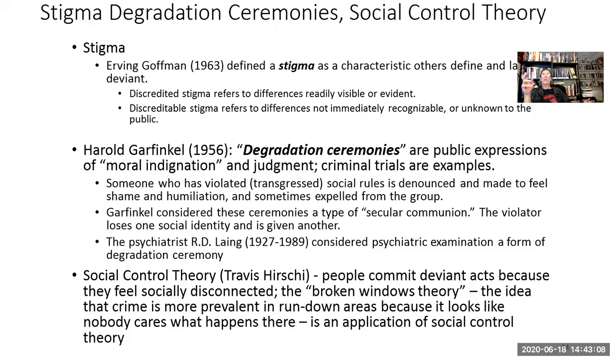You go in innocent, you come out as a felon, and suddenly your life is going to be completely different from that point forward. Garfinkel called them a sort of secular communion. A communion would be when people in a religious group would share something or engage in some behavior which made someone a member of that group. So you're losing one social identity and getting another one.